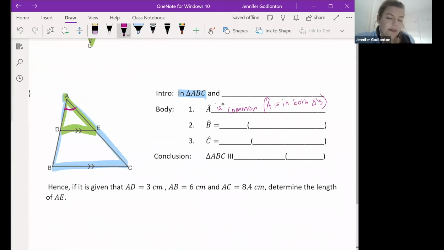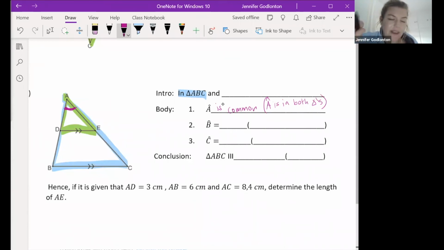That angle A is in our green triangle, and that angle A is in our blue triangle, and it is exactly the same as itself because it's the same angle. So when we're saying angle A is common, we're saying that angle A in our green triangle is equal to angle A in our blue triangle because it's the same angle. But we get to just write it as a nice easy sentence: A is common.